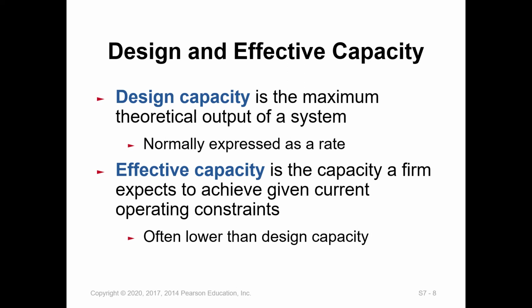The maximum capacity for this software is 2,000 users. If more than 2,000 users enter the system, the system will have problems. So design capacity is the maximum theoretical output of the system, and normally is expressed as a rate, percent, 2%, 10%, 20%, whatever.